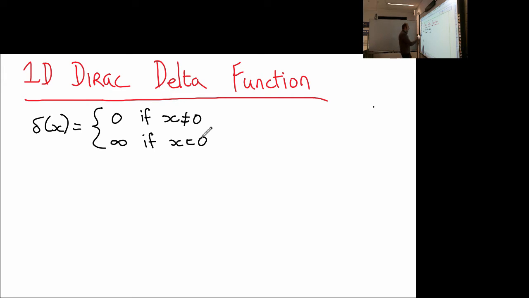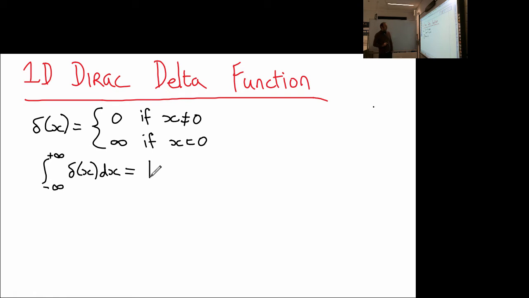And we also found that if we integrate from minus infinity to plus infinity of delta x dx, what we found is the area under the distribution, which is given by 1.